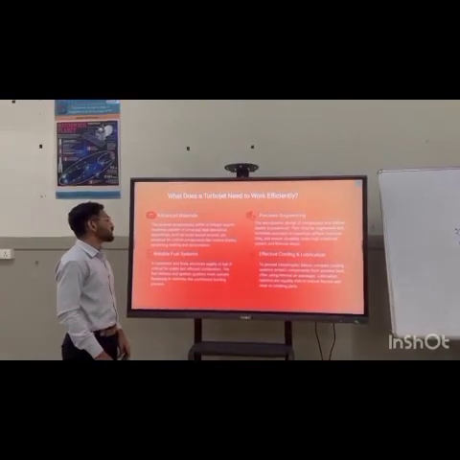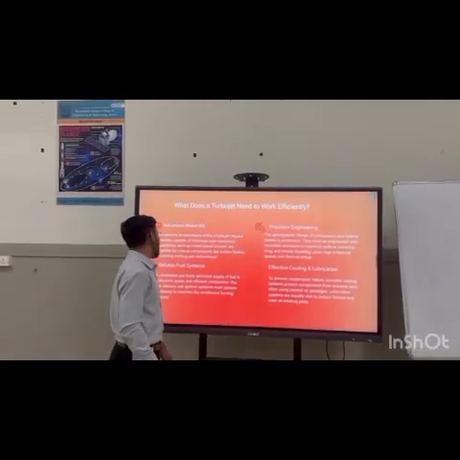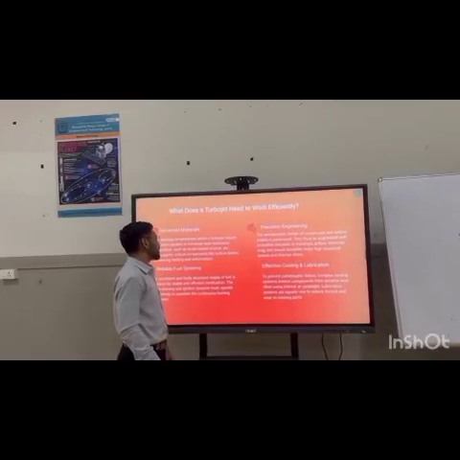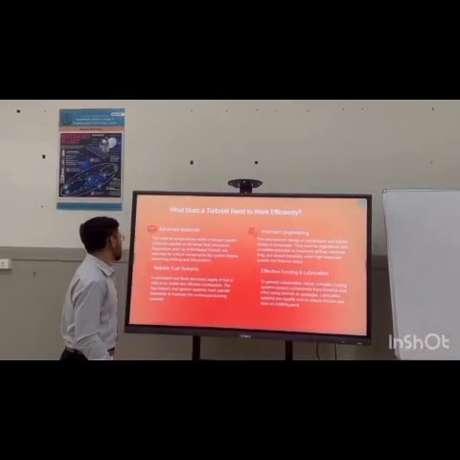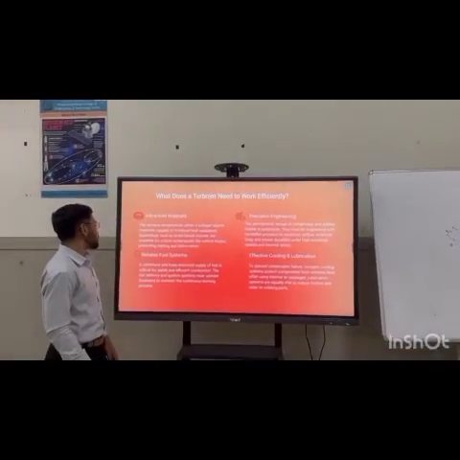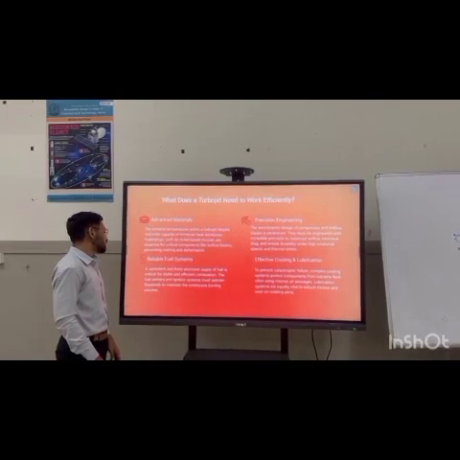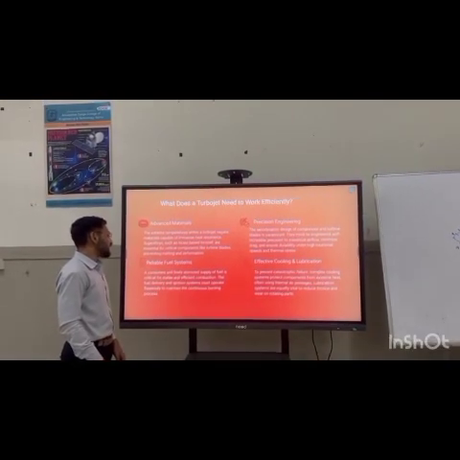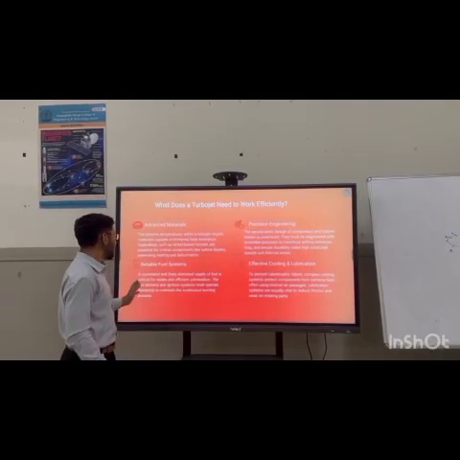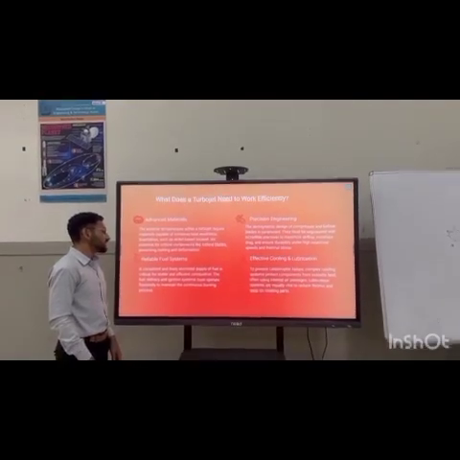Superalloys such as nickel-based Inconel are essential for critical components like turbine blades, preventing melting and deformation. Reliable fuel system: a consistent and finely atomized supply of fuel is critical for stable and efficient combustion.